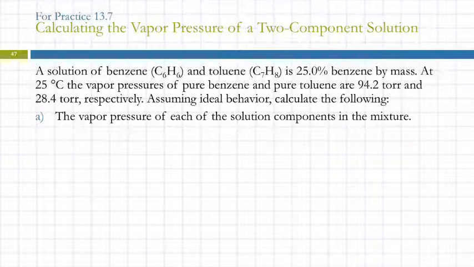We will not ask you to do any calculations where it's non-ideal behavior, because the degree of non-ideal behavior depends on the specific solution. For that we more want you to be able to say whether it would be higher or lower. So here we're going to do a calculation with ideal behavior, and they're wanting us to find the vapor pressure of each of the solution components in the mixture.